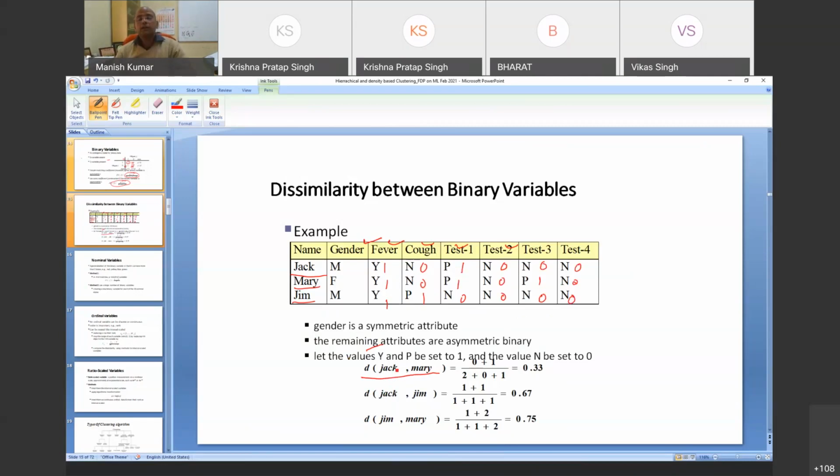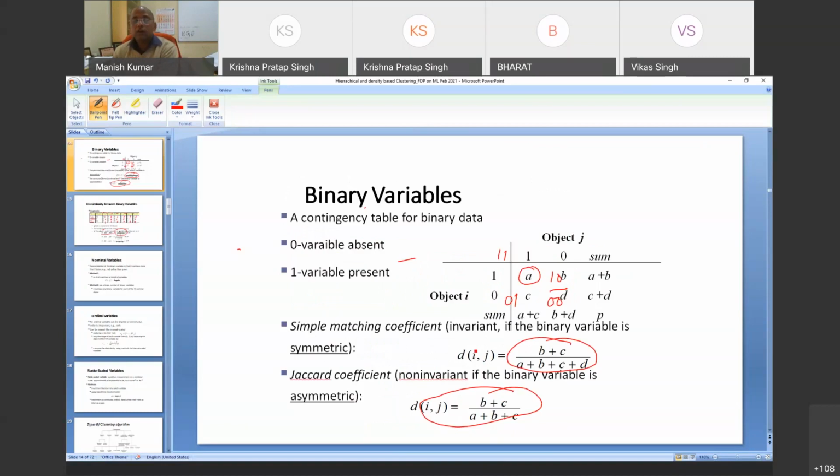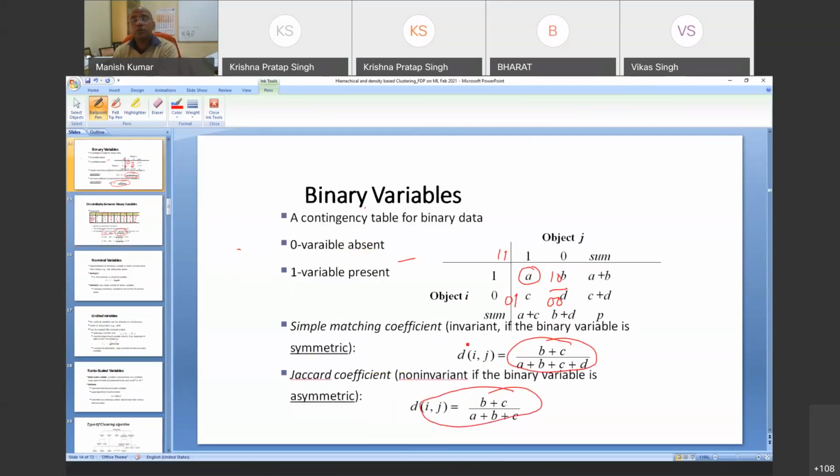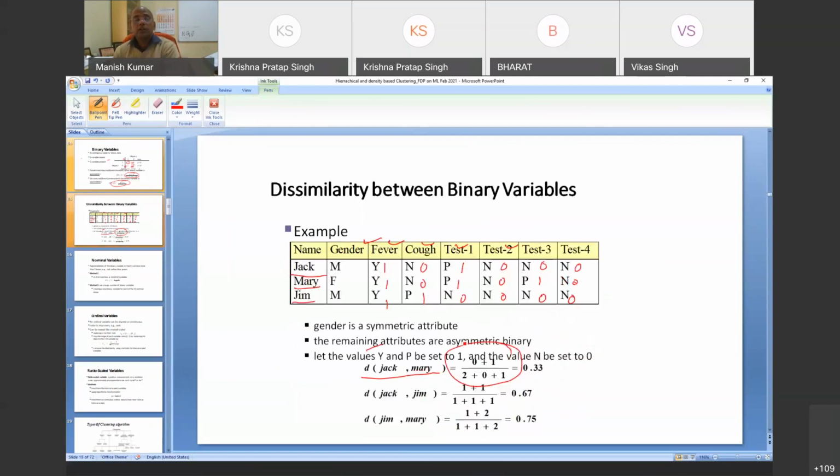You can see from the previous slide that it is b plus c divided by a plus b plus c, because these attributes are asymmetric in nature. b corresponds to 1 0, whereas c corresponds to 0 1.